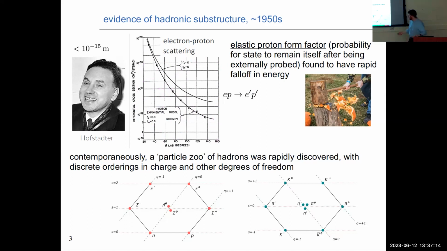What Hofstadter found in the 1950s in experiments at SLAC was that the form factor fell off much more rapidly than would have been expected if it corresponded to a fundamental point-like particle. That hints at the fact that the proton has some sort of substructure. It's, if you'd like, sort of squishy.